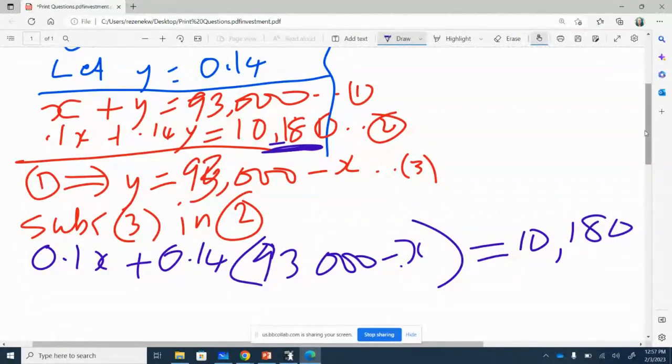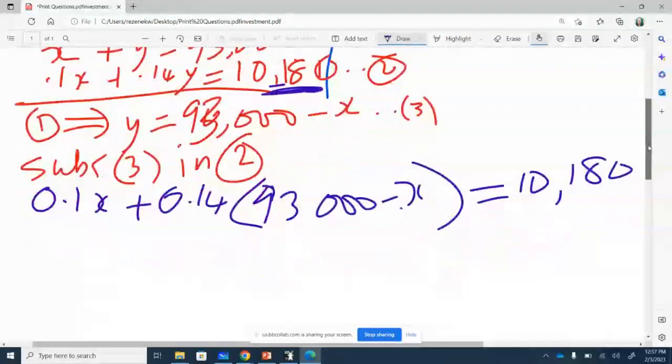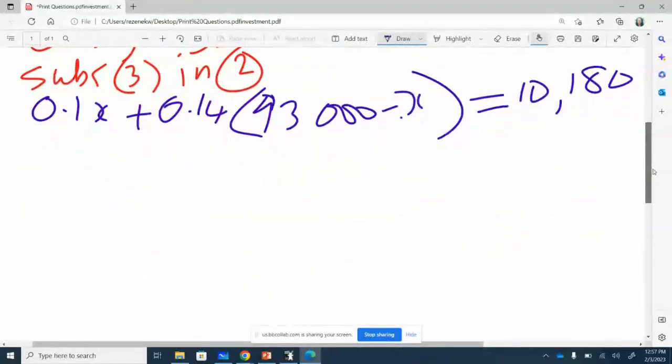All right, now I have reduced the equation to one variable after substitution. So I'm ready to solve.